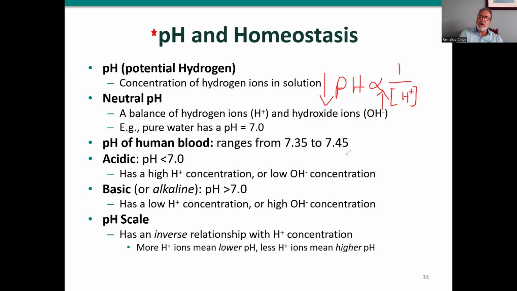A low pH has a high concentration of hydrogen ions. If the hydrogen ions are low, the pH is high. So that's what we call an inverse relationship. It is important for you to know that concept. A lot of students miss this on the exam. So a solution that has a pH of 5 has more hydrogen ions than a solution that has a pH of 6, for example. So you need to understand that. All right, so let's continue.